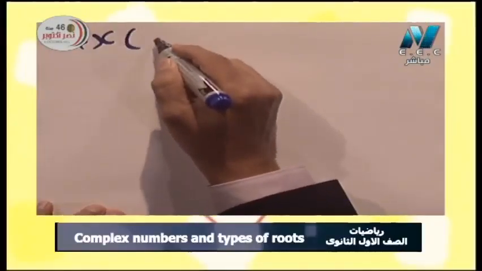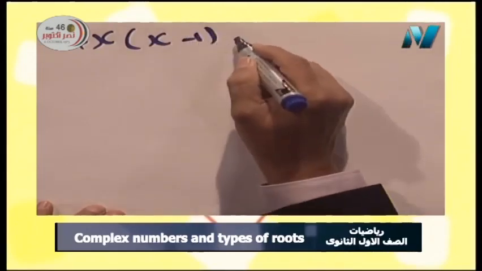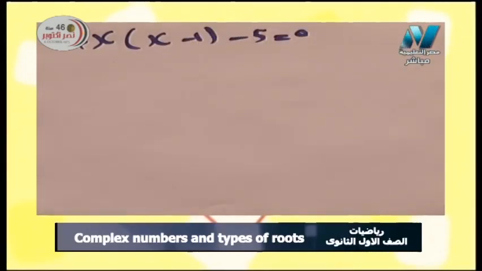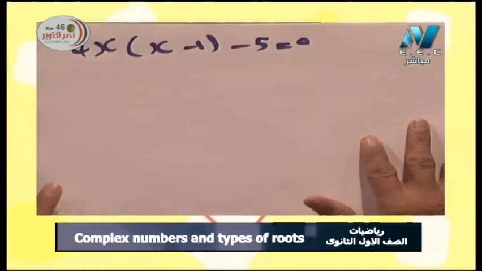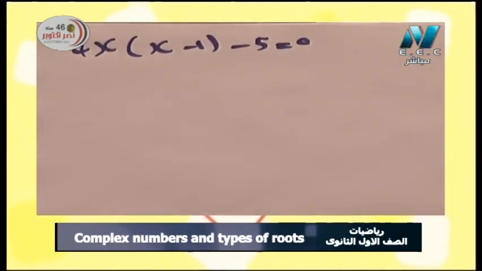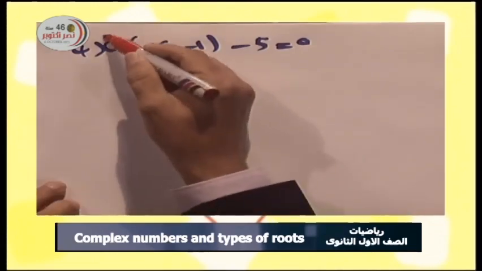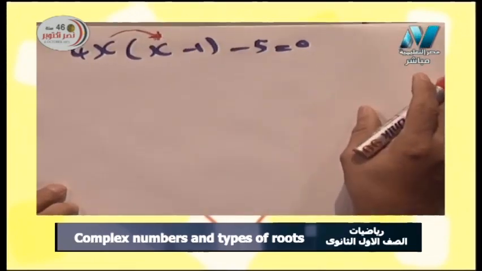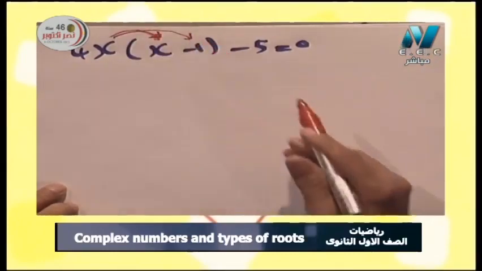Determine the two roots of the equation 4x multiplied by x minus 1, minus 5 equals 0. Is this equation in its standard form? No, because 4x must be multiplied by x, and 4x also by negative 1.